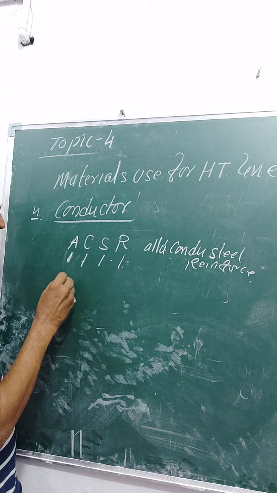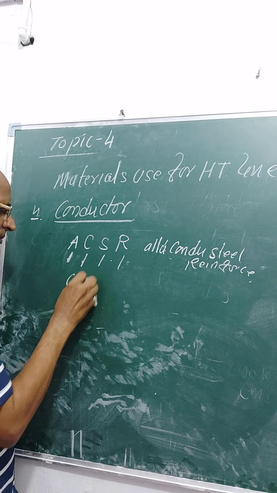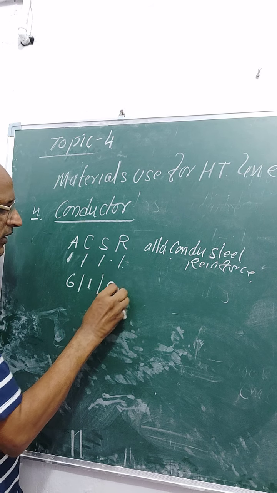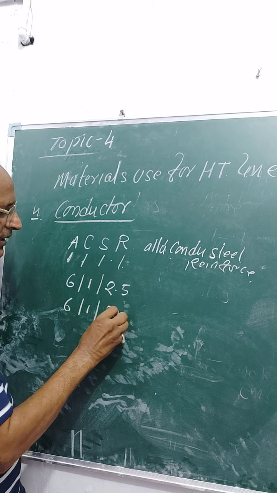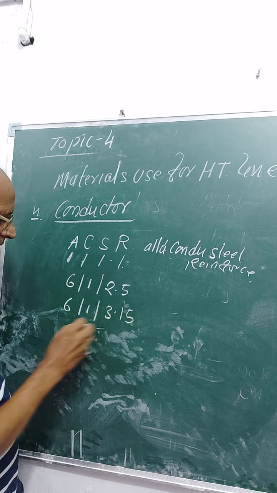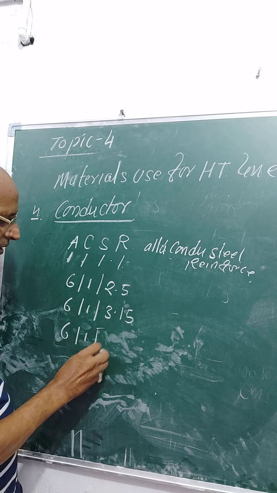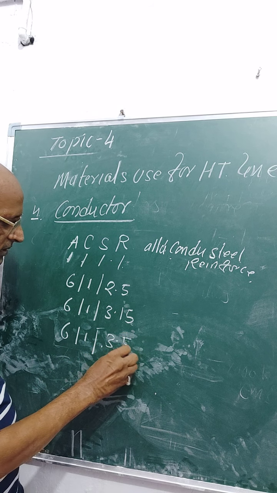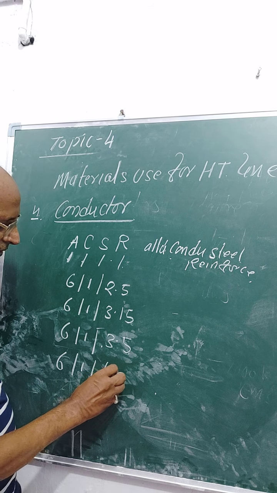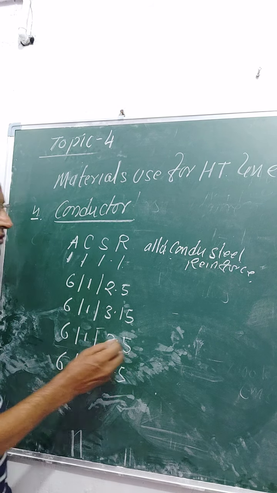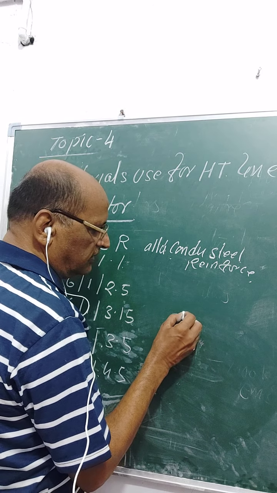So ACSR is available in different forms: 6/1/2.5, 6/1/3.15, 6/1/3.5, 6/1/4.5, like this. So structure is like this.